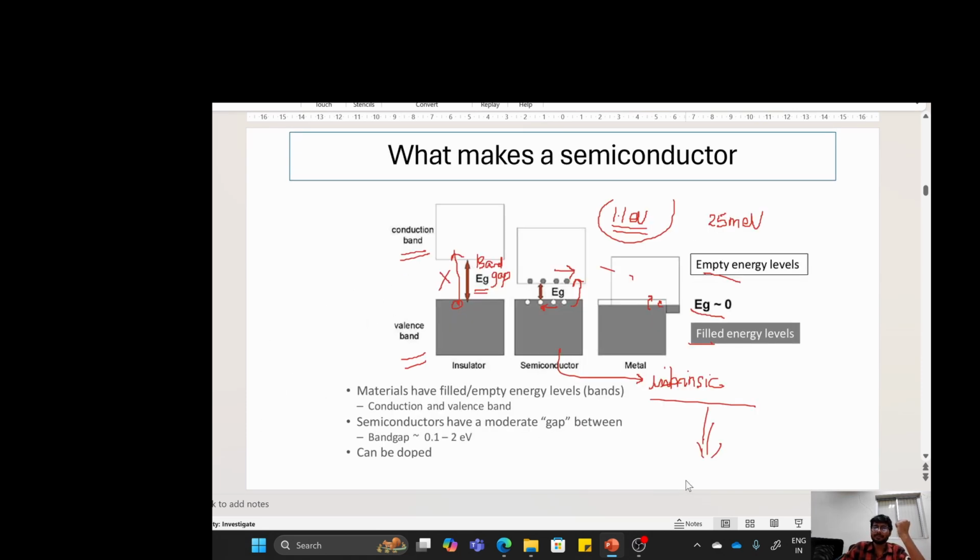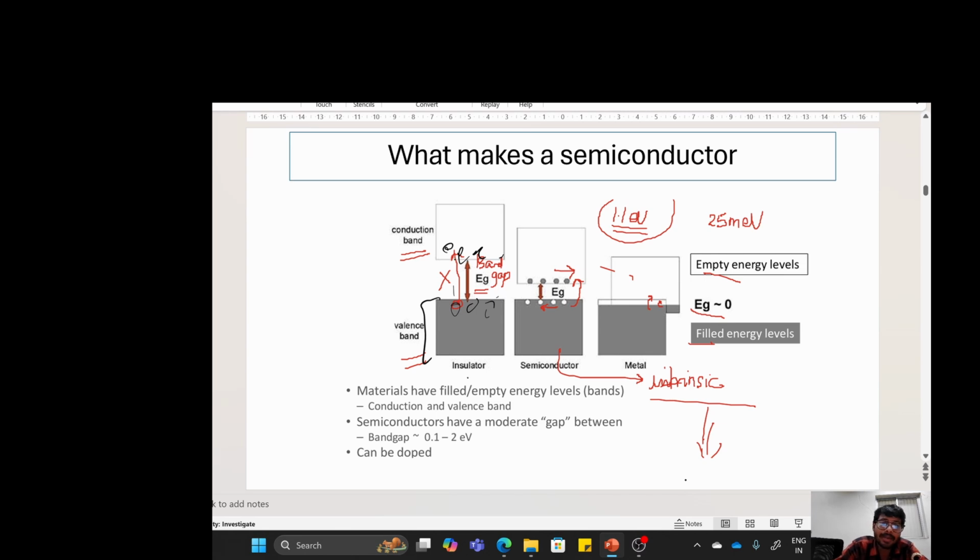And what makes it like this is what I told you already: in insulators, the band gap between the conduction band and the valence band is much higher. So there are no electrons in the conduction band at room temperature, and the valence band is fully filled, so there are no empty states where these electrons can move.